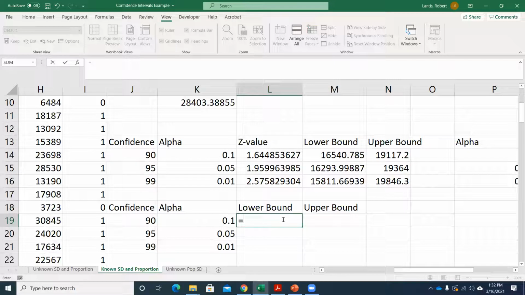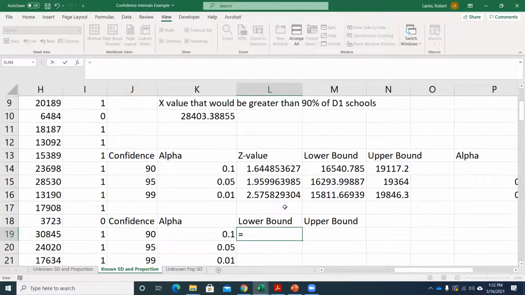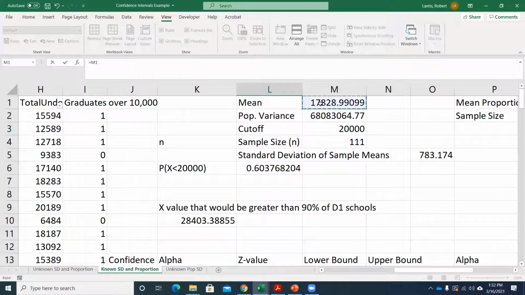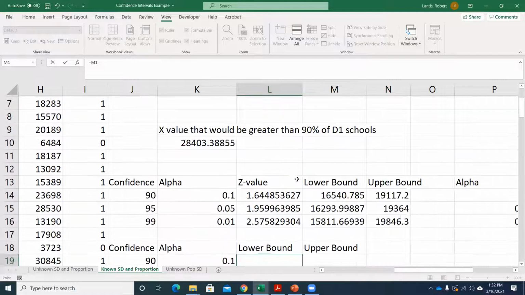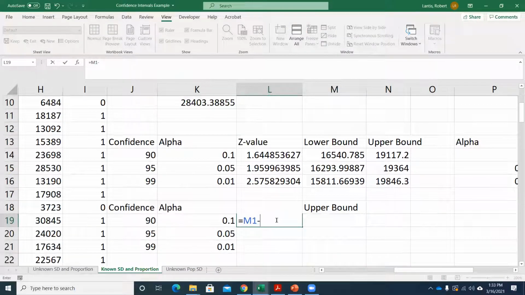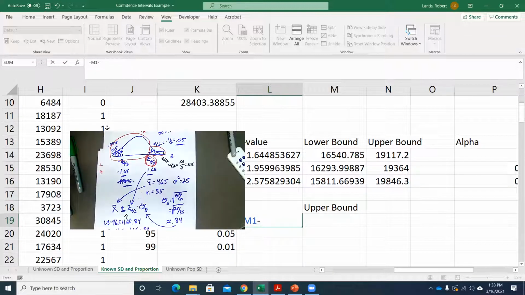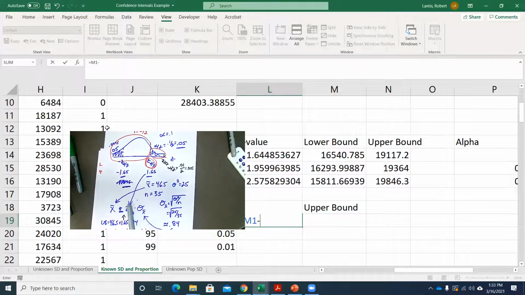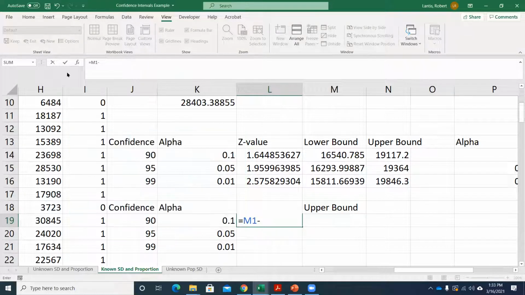Right? So to get my lower bound, I'll take my sample mean, right? I'll subtract, well, if I look at the formula, the z-score that gives me alpha over 2. Okay? Well, to do that, I can use that norm.s.inv. Right?